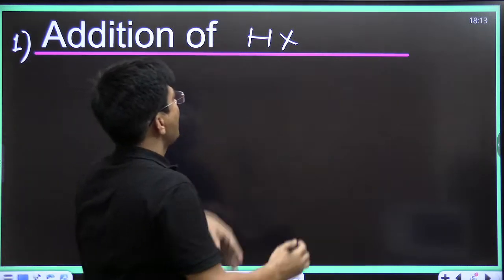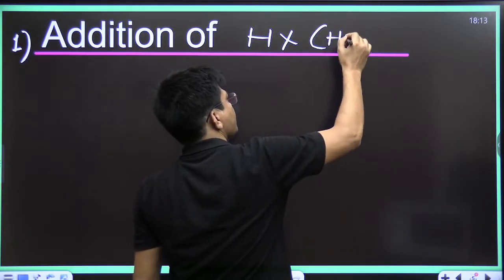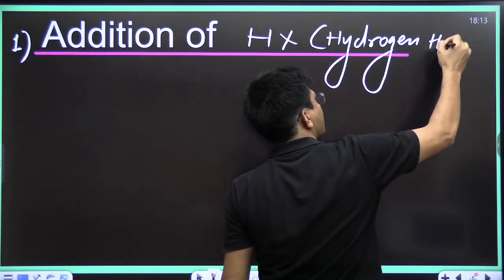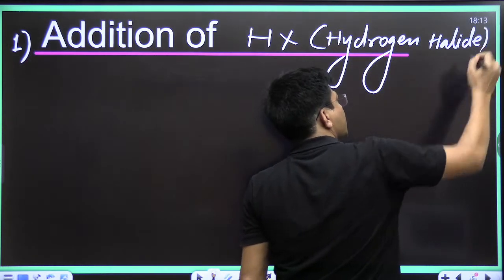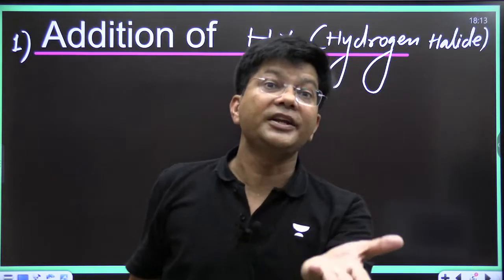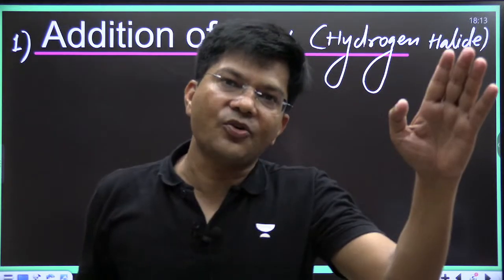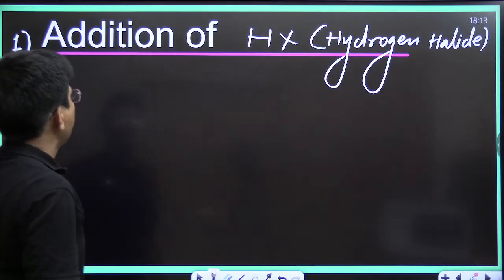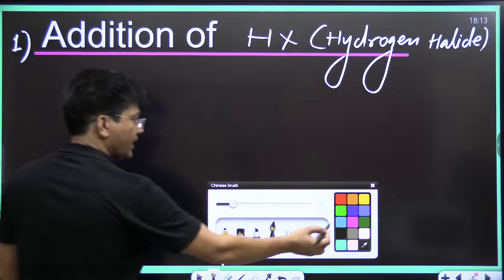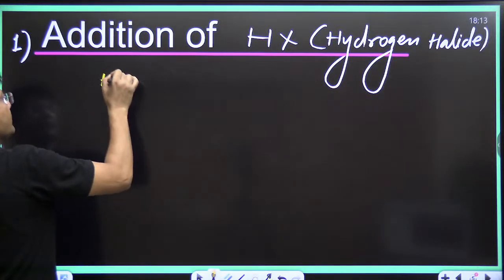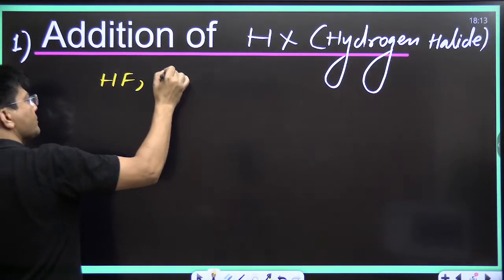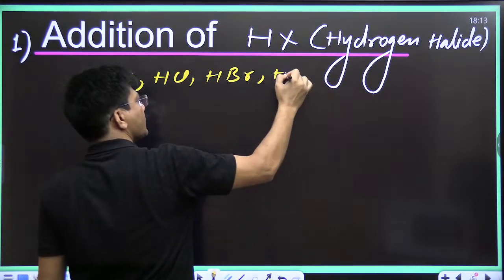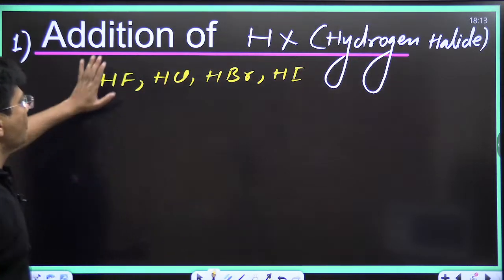That is addition of hydrogen halide. Now, my dear friends, in elimination, that was E2 and E1, what you have seen? Dehydrohalogenation. This is just the opposite of dehydrohalogenation. This is hydrogen halide addition, that is the addition of HF, HCl, HBr and HI. These additions we are going to deal with.